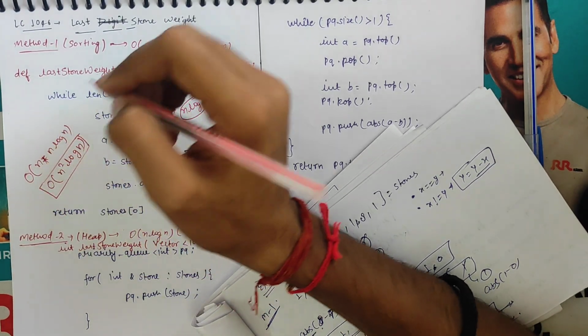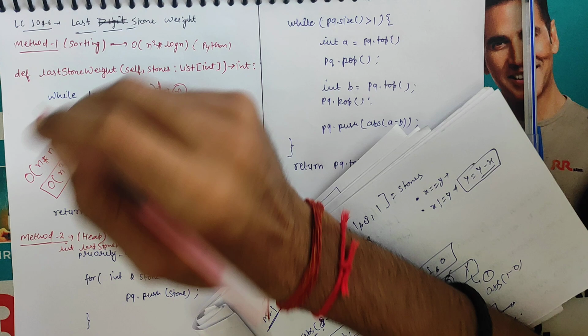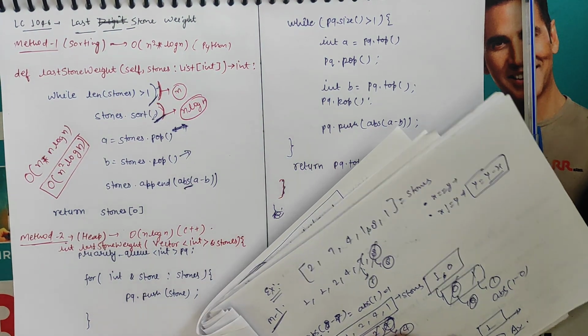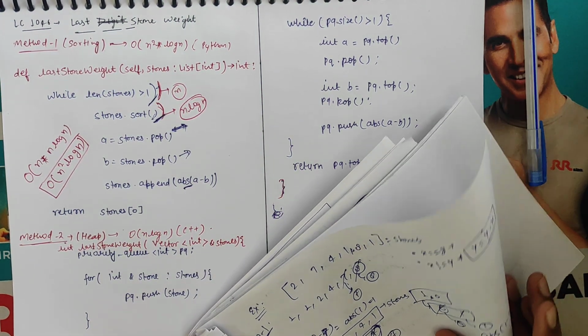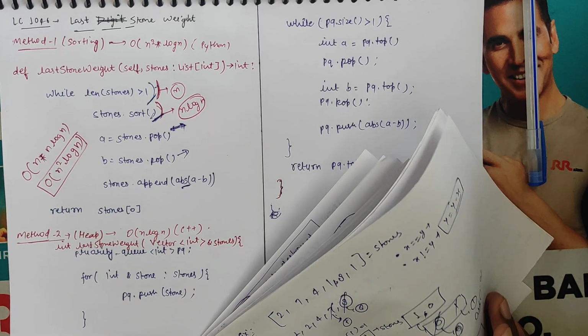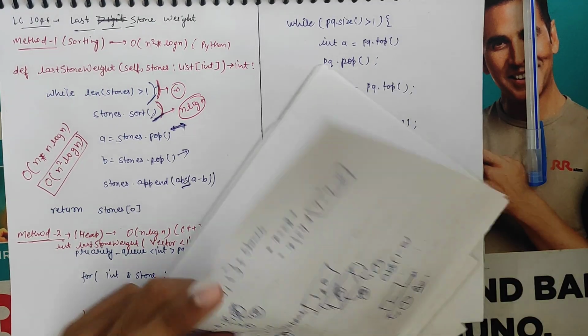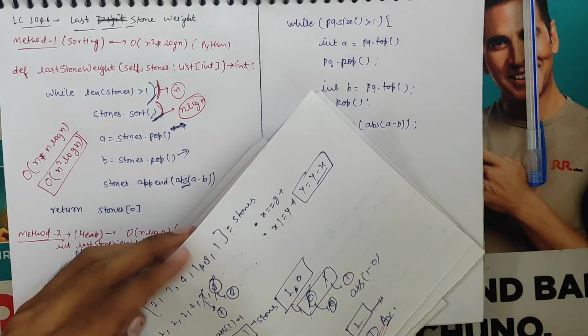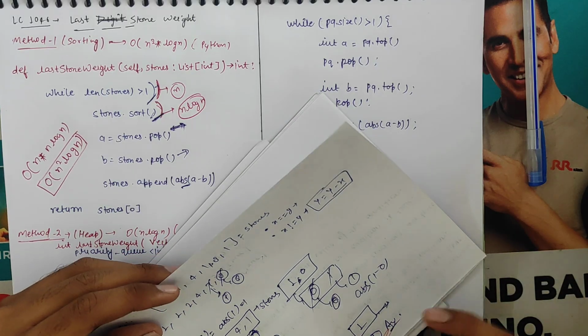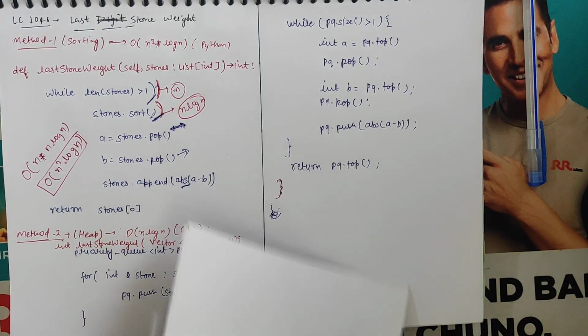So to optimize this code, we will be using another method, which is using max heap, right? So this was the answer one. Again we will be deriving the same example using the max heap method.